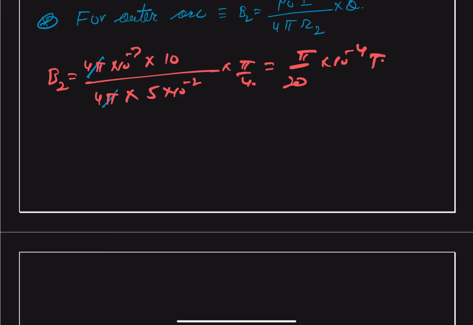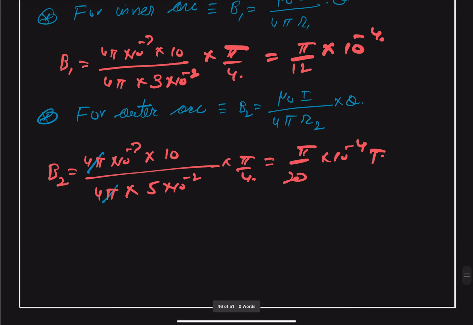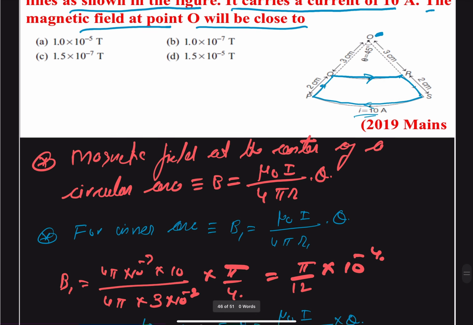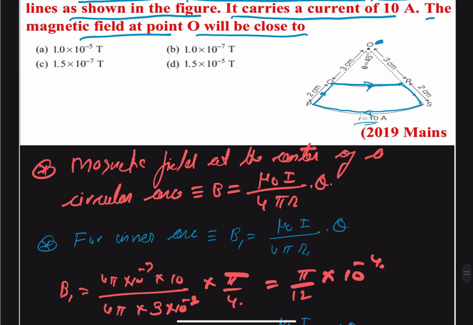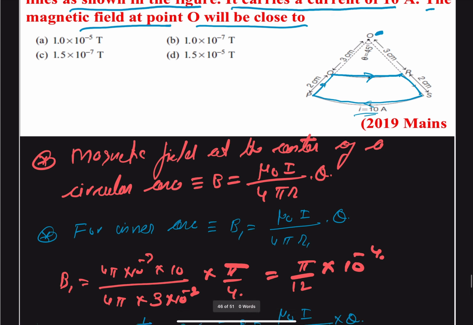And here the direction of the current in the both arcs is opposite to each other. So because of the inner arc, the magnetic field will be out of the paper, and because of the outer arc it will be into the paper.